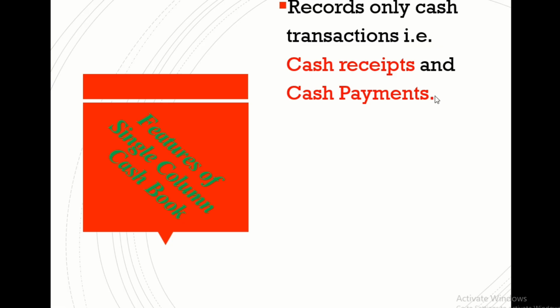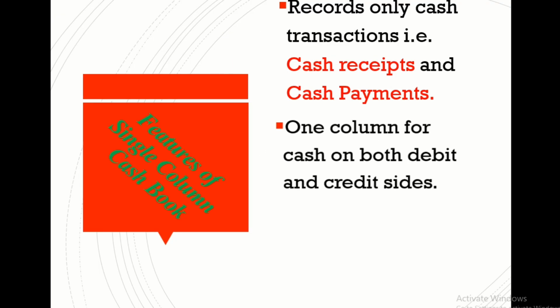This is characteristic number one. It records only cash transactions. Remember, in the cash book, don't expect to record transactions related to credit. Only cash transactions are recorded in the cash book, whether cash receipts or cash payments.